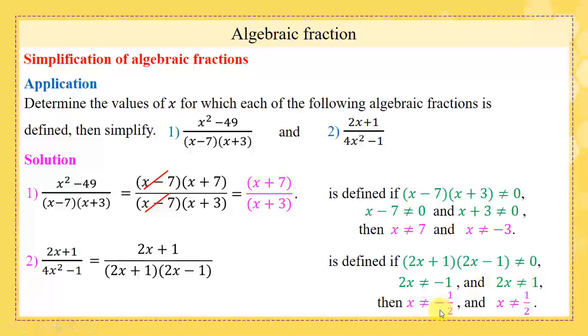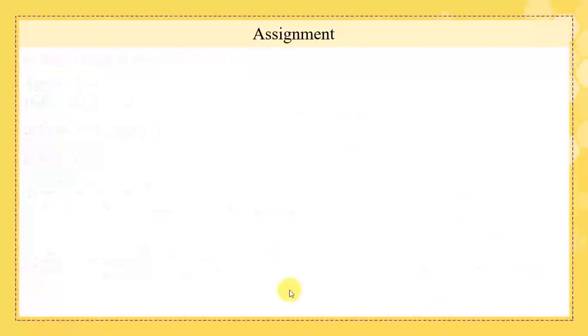Then x is different from minus 1 over 2 and x is different from 1 over 2. Then we should simplify. The common factor is 2x plus 1, so we eliminate 2x plus 1 from the denominator and the numerator to get 1 over 2x minus 1, which is the simplified form.